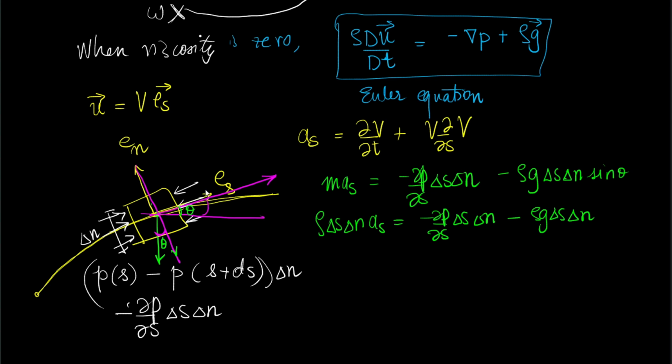It will be equal to this particular height change divided by the, let me draw the element a bit clearly. Let this be the element, let this be the streamline direction. So we are bothered with this angle.